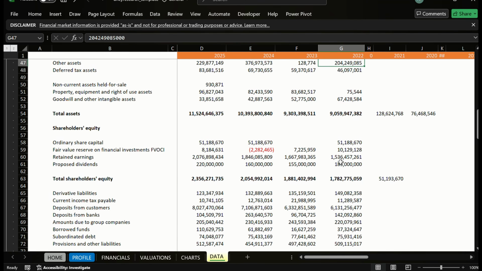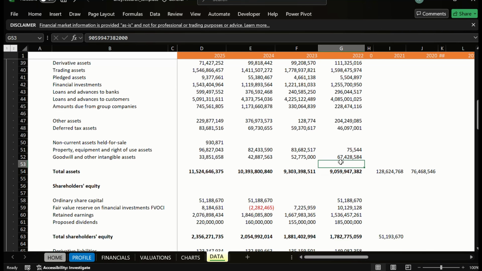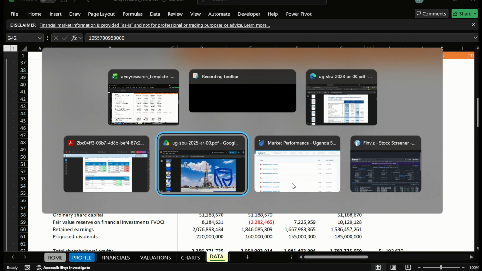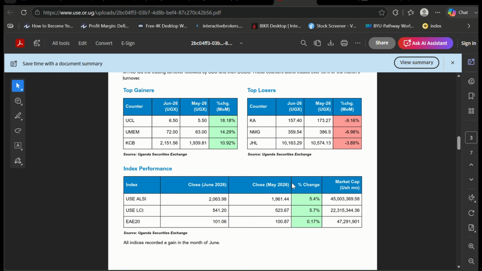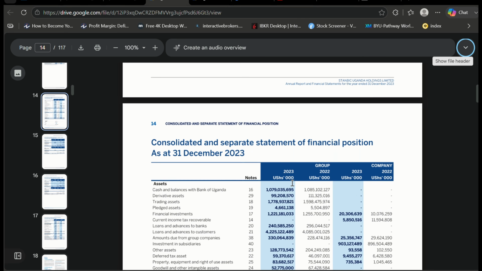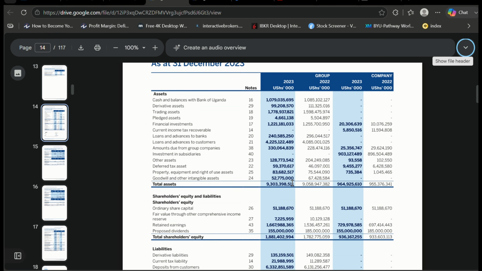But I need to sort out the missing components here. I have to get back to the financial statements and check out the financial position.